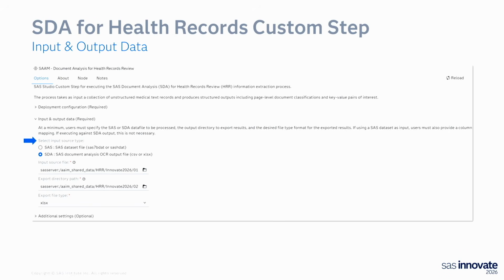You can either use a SAS data set, whether it's a SAS7BDAT or an HDAT file, or you can use the output that's provided upstream from this portion of the SDA for Health Records process, and that's an OCR component that we have. I'm not demonstrating that today, but if you're interested, there is a version of that available in the TriZone, and there's a script you can walk through and actually see how the OCR component of SDA works. But there's some advantages to using the SDA output, so I'm going to talk about that in a moment, and that's why I've got that selected as my option here.